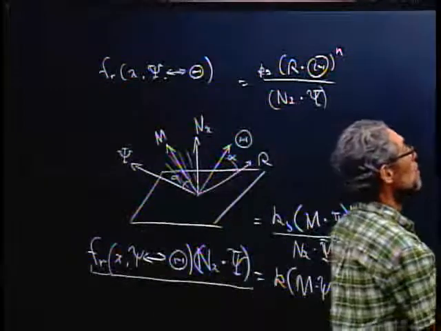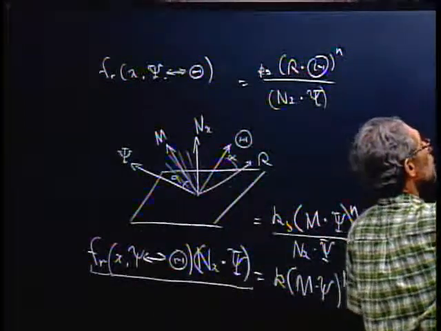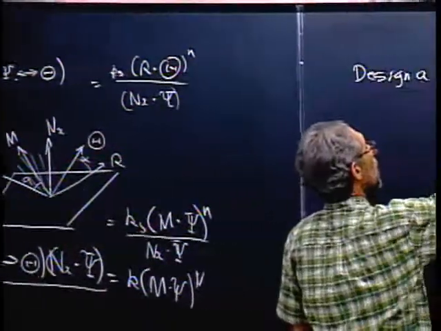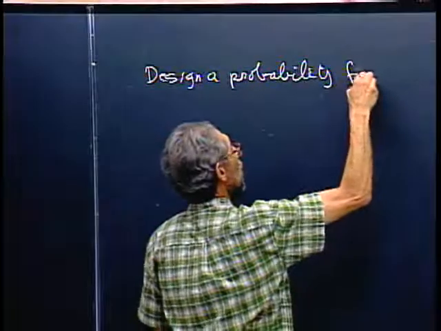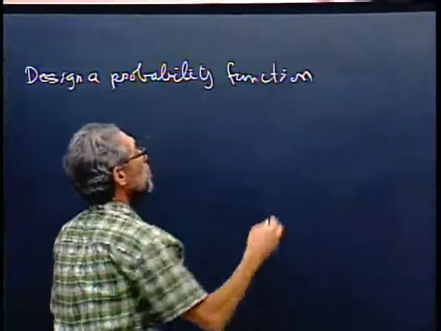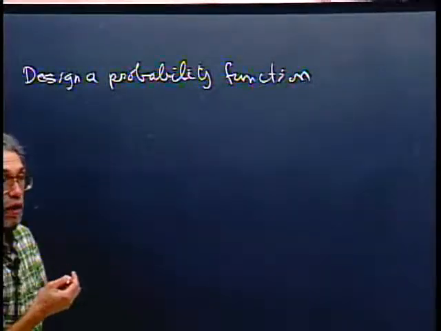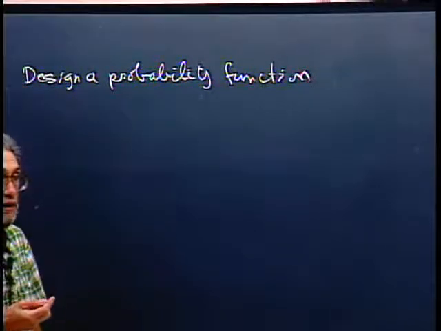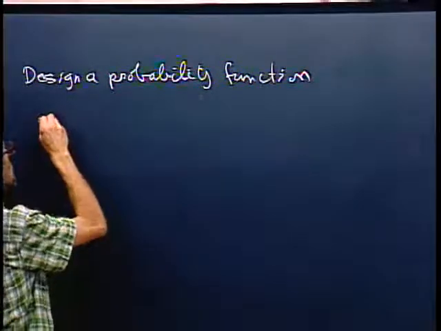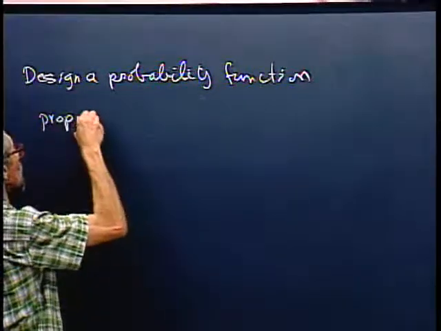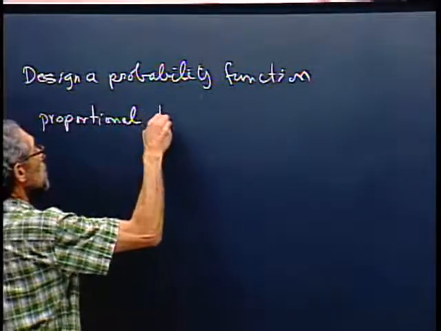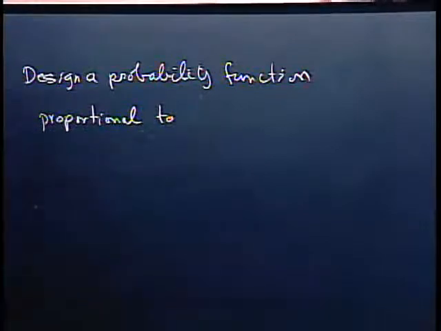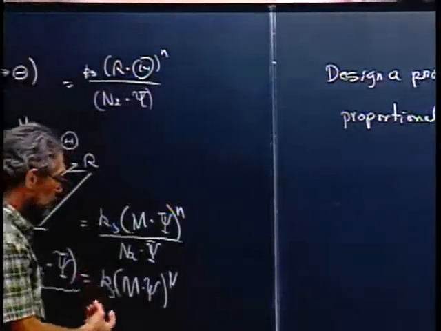So what we need to do is design a probability function which is proportional to the cosine factor and the BRDF factor. So proportional to just this. Ks is a constant, right?